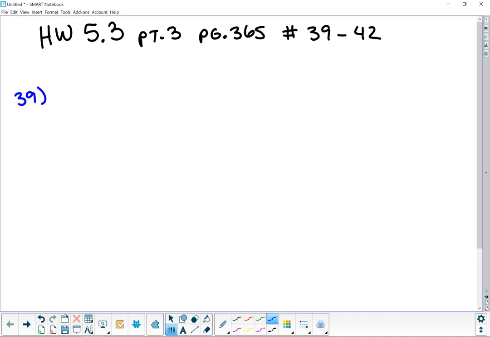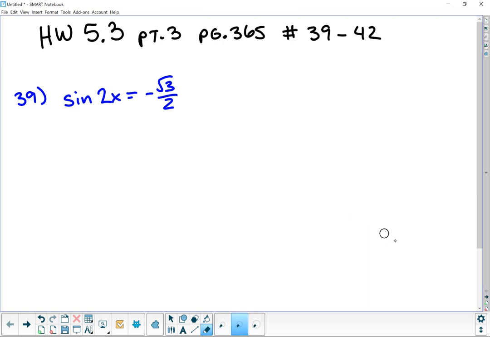39. Sine 2x equals negative radical 3 over 2. Right, and remember, we're doing our domain. Since this is sine, it's going to be x is greater than or equal to 0, less than 2 pi.